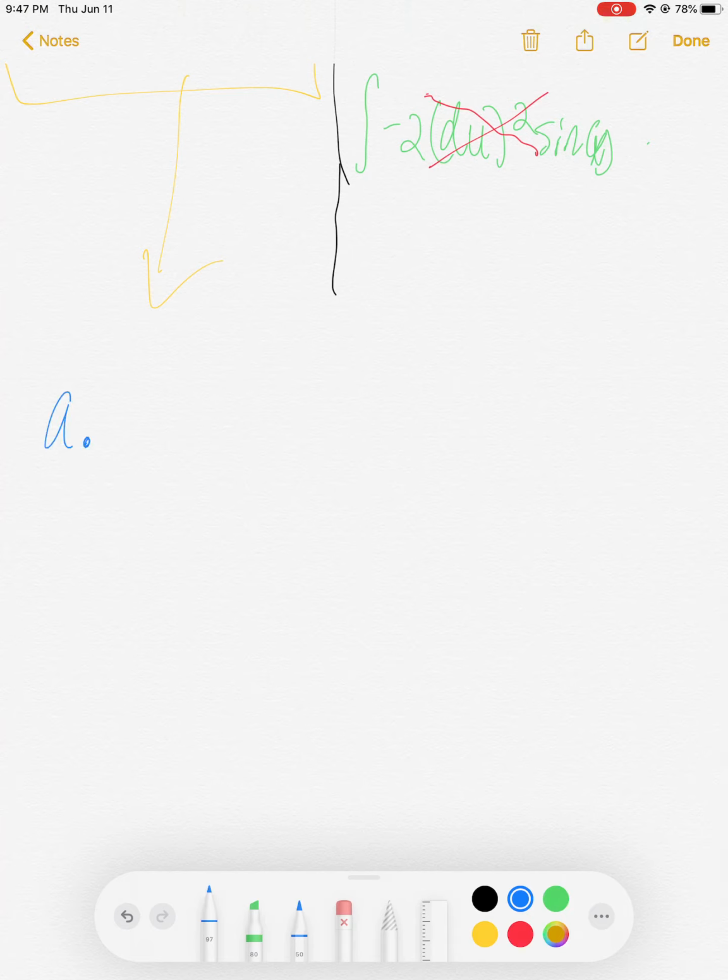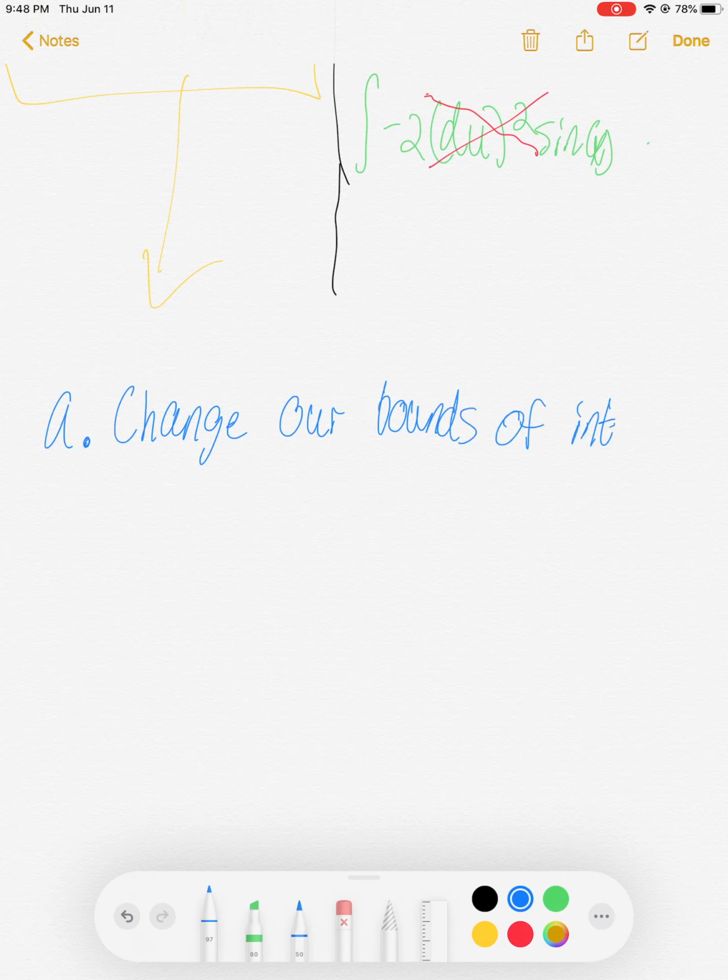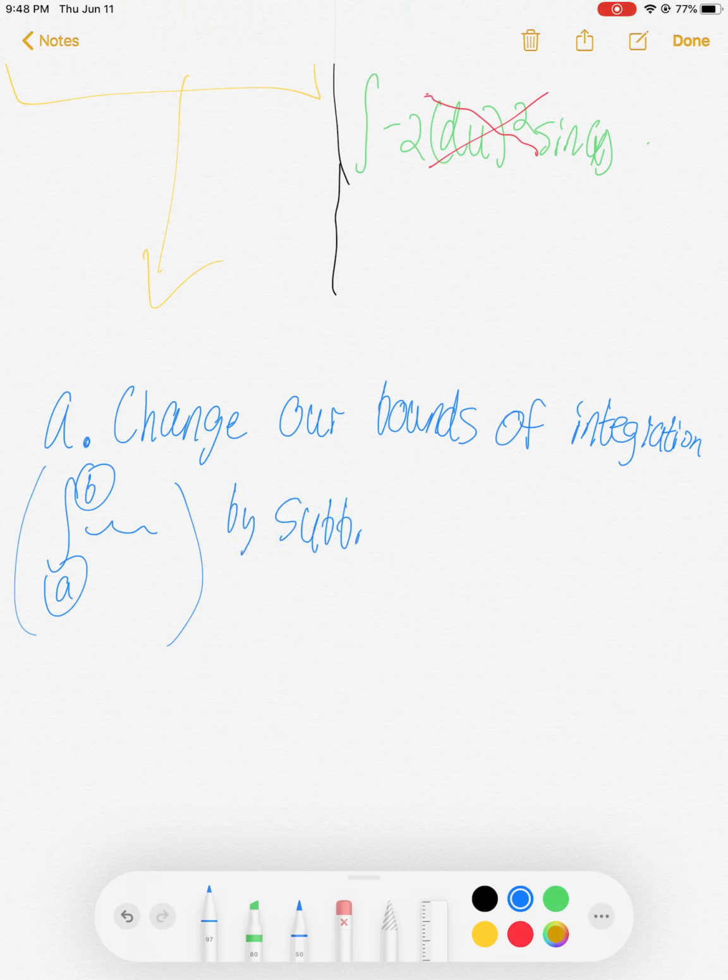Now, from here, whenever we are doing a substitution on a definite integral, there are two ways of proceeding. It does not matter which way you go, so long as you make your mind up. Once you make your decision, you have to stick to it, okay? So the first thing that we can do is change our bounds of integration.